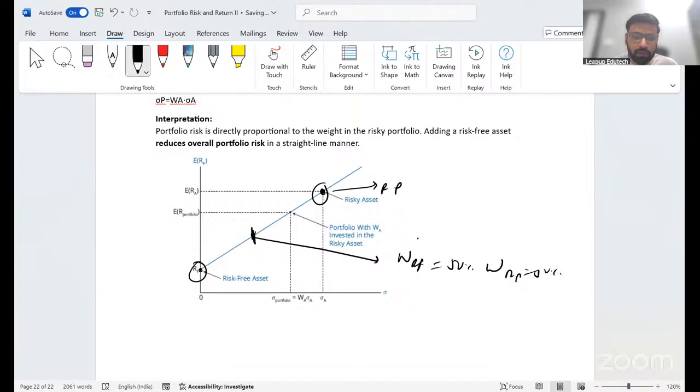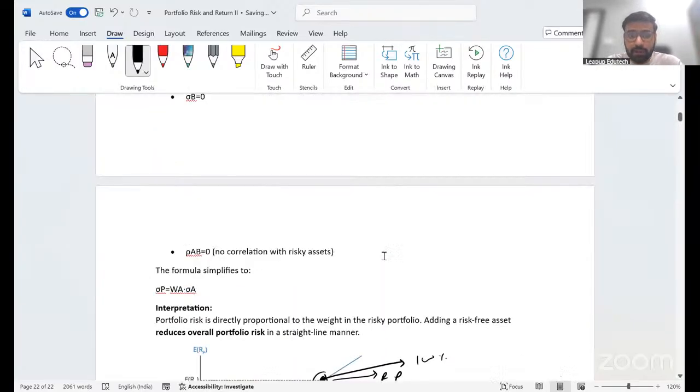If you're somewhere here, the weight of the risky portfolio might be 80% and the weight of the risk-free asset 20%. At this point, the weight of the risky portfolio is 100%, and at this point, the weight of the risk-free asset is 100%. It is very, very important to understand this. You would have studied this in the previous chapter as well. That's how the plotting is done.